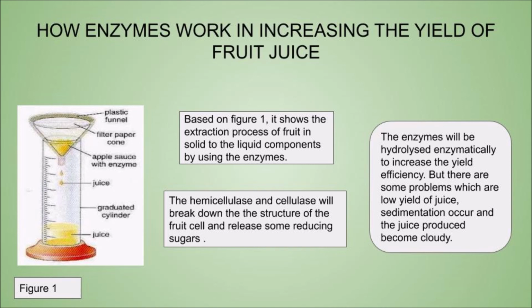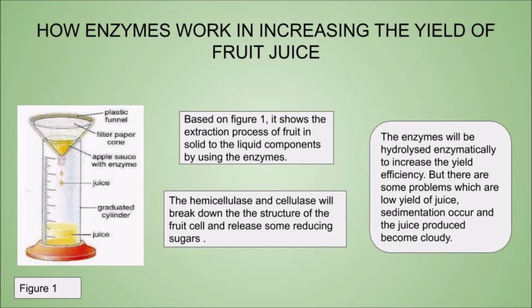But there are some problems, which are low yield of the juice, sedimentation occurring, and the juice produced becoming cloudy. Sedimentation is actually the formation of two different phase layers.